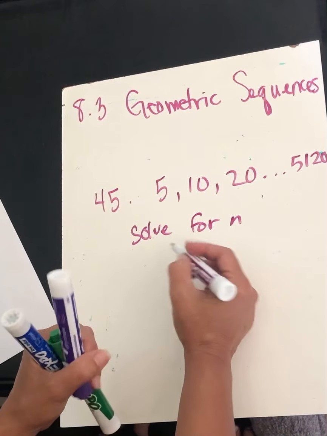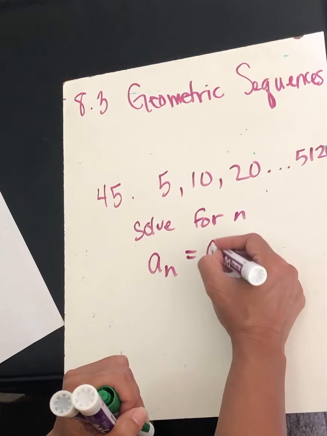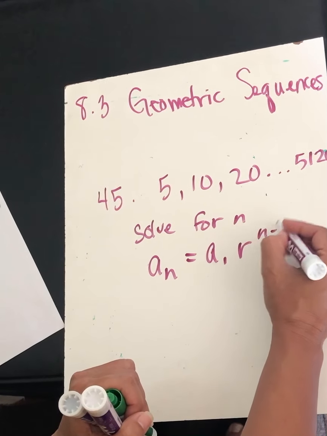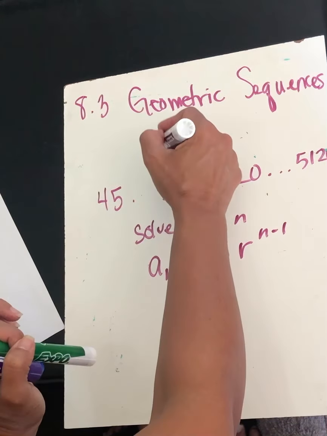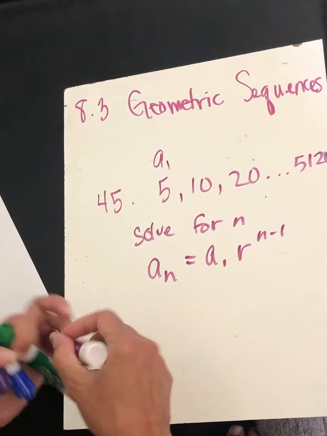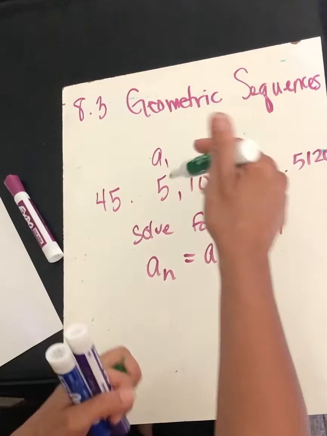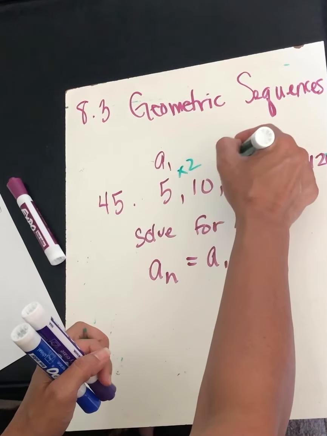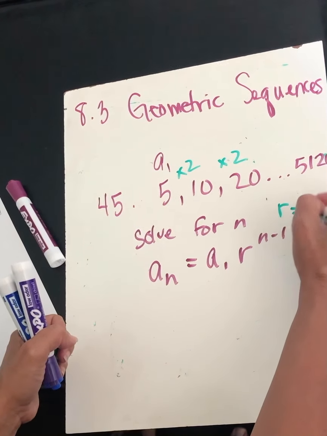So when solving for n, we're going to use this general equation again. And we're going to substitute everything in and solve for n. So on here, A subscript 1 is 5. The common ratio, or R, is 2, because you can multiply by 2 to get these first terms in the sequence. So R equals 2.